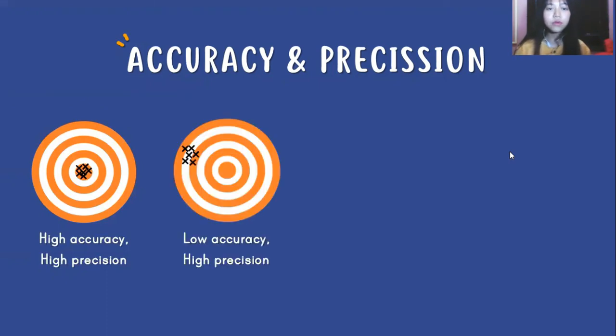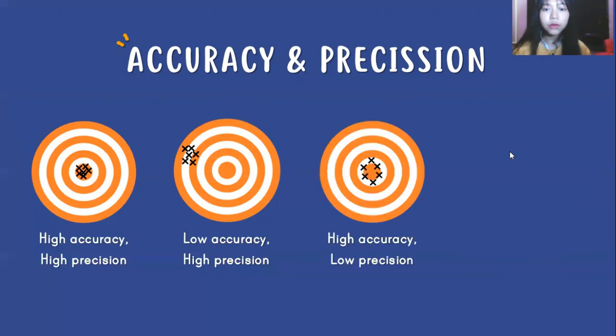And then the second one, we have a low accuracy and high precision example. As you see here, the arrows are quite far from the center and that indicates a low accuracy, but the arrows are close to each other, so it's called a high precision. And the third one, we have a high accuracy but low precision.